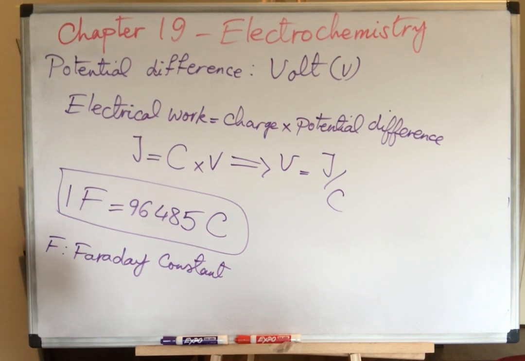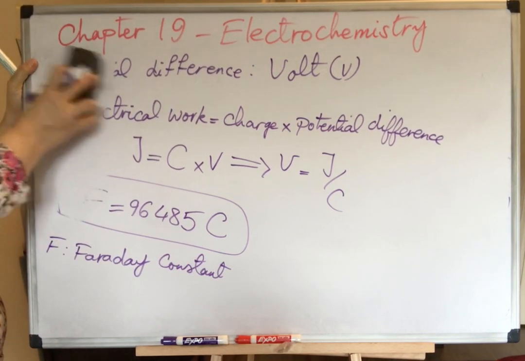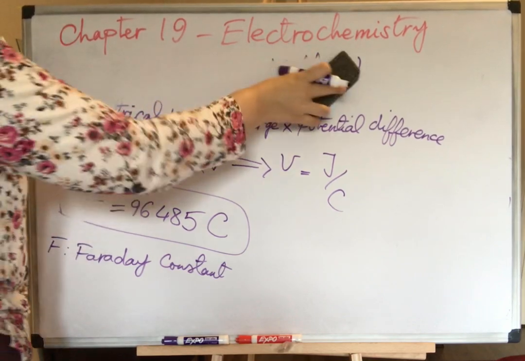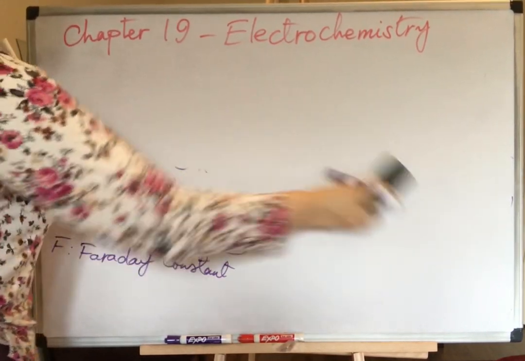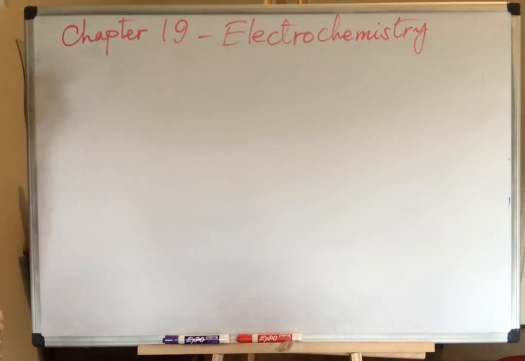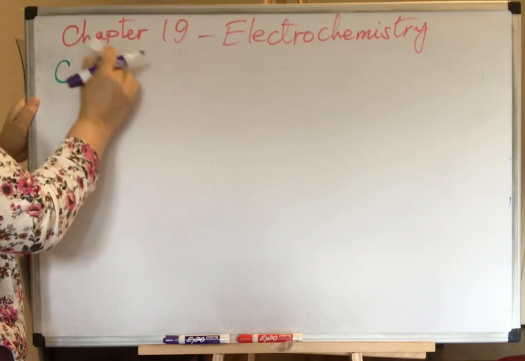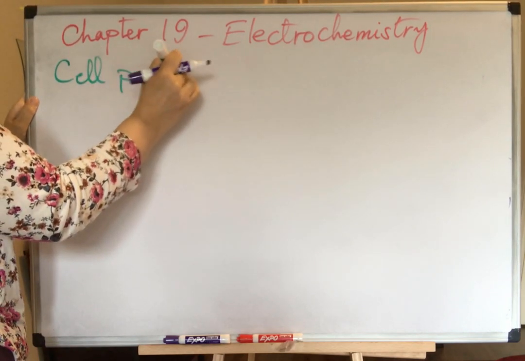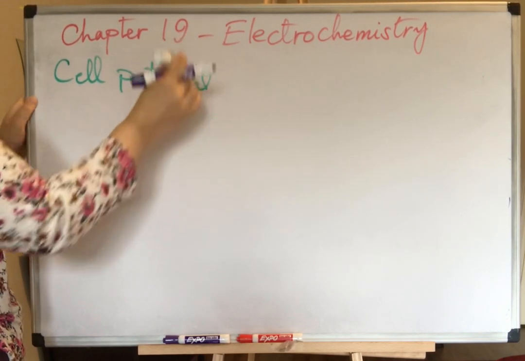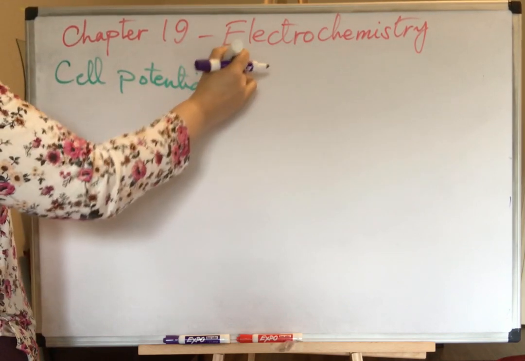What we need to know at this point, which is related to our discussion, is the potential for our cells. We're talking about electrochemical cells, right? So let's talk about cell potential or electromotive force. Cell potential is the potential between the two electrodes that makes the electrons flow.